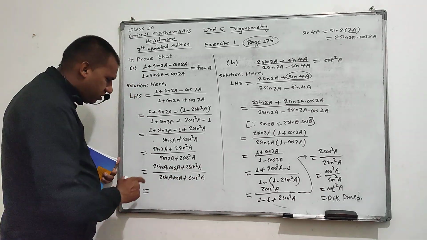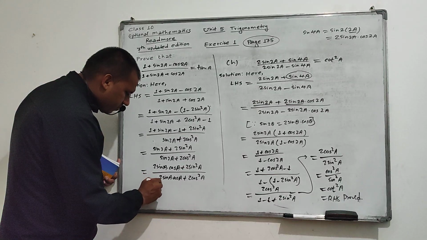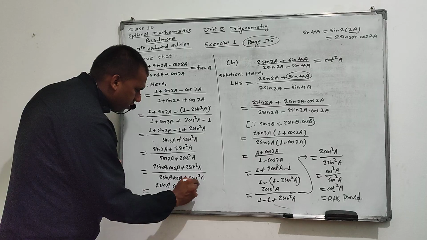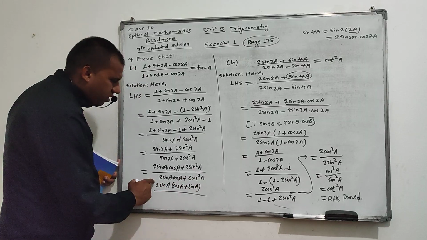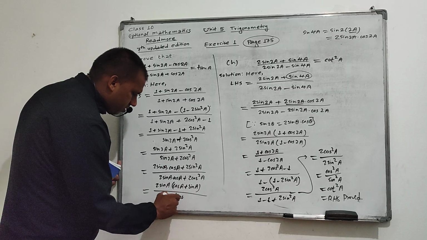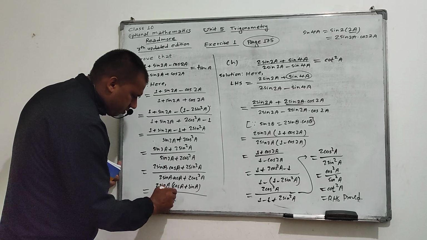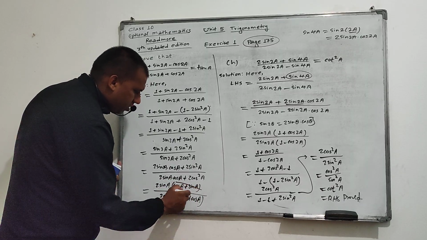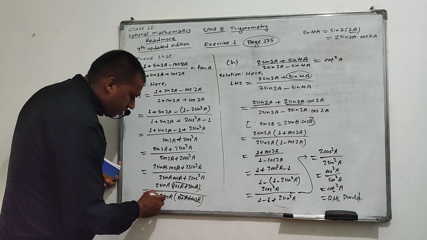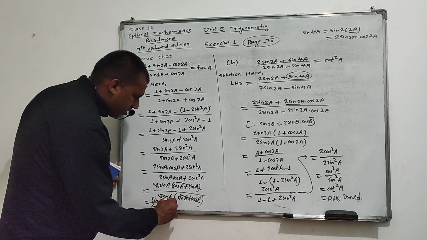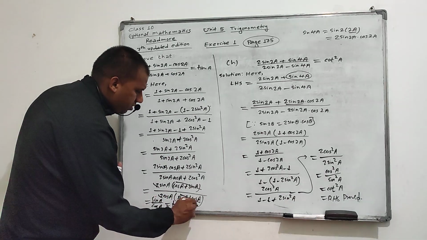Now taking 2 sine a common, remaining cos a plus sine a, all upon downside 2 cos a common, remaining sine a plus cos a. Sine a plus cos a cancel out, 2 cancel out, remaining sine a by cos a, that is tan a, which is RHS.